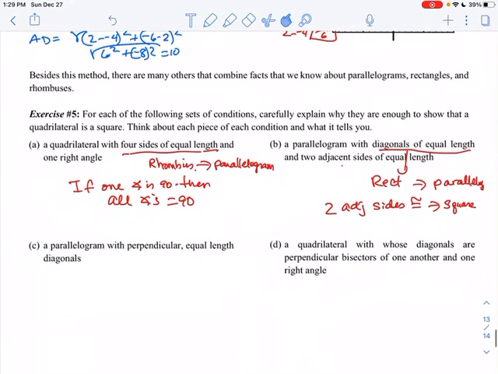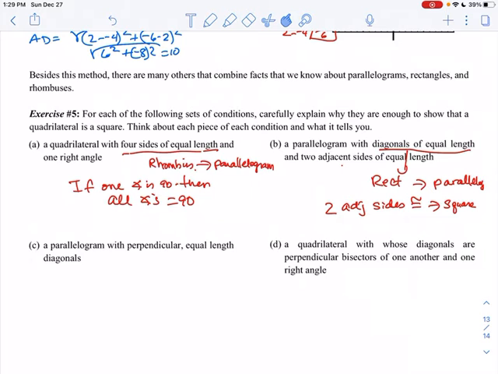So there's a bunch of different ways that you can prove that something is a square with coordinate geometry. No matter what, you're going to have to do 6 things. Me personally, even though the distance formula is a little annoying, I would just do the distance formula 4 times and the slope formula twice.